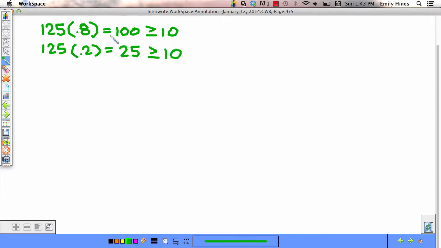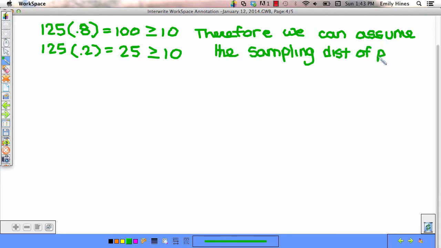Since both of these are greater than or equal to 10, therefore, we can assume the sampling distribution of p hat is approximately normal.